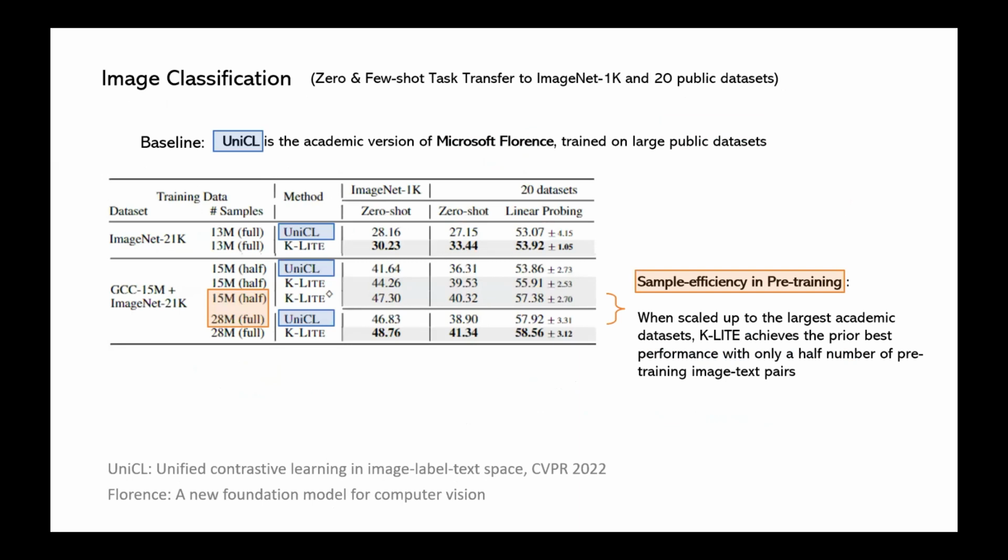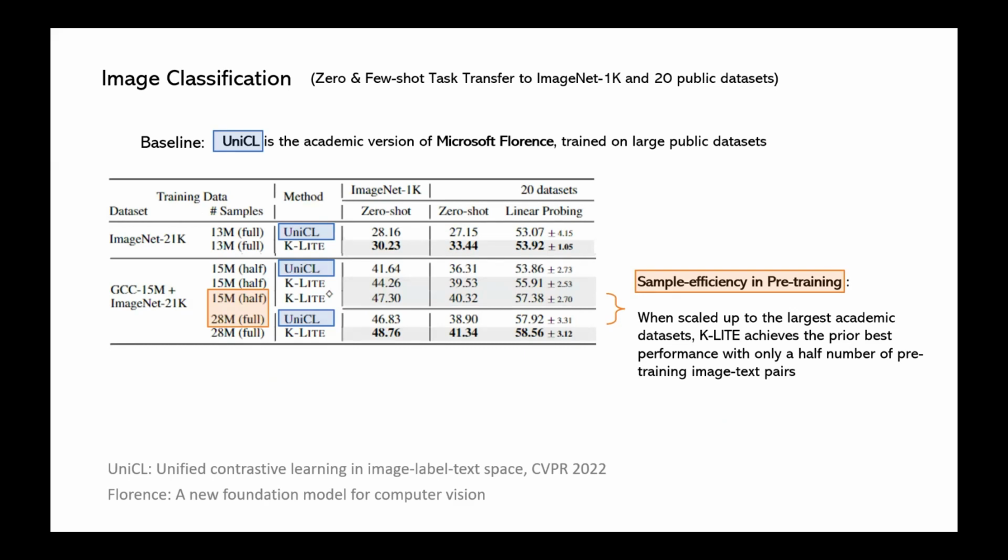We use UniCL as the baseline pre-training method, for those who are not familiar with the context. Scaling up UniCL led to the Microsoft Florence model, which has outperformed CLIP in many computer vision problems. In our controlled setting, we evaluate the model for its zero-shot and few-shot performance on ImageNet and 20 image classification datasets in the downstream.